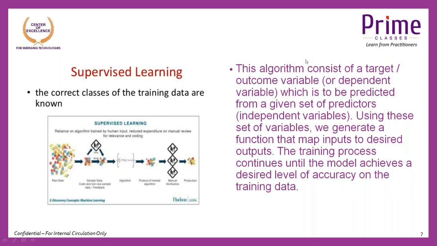We will see later that there are not one but tens of models under each family of algorithm. So before you select the algorithm, we have to select the family of the algorithm. How do you decide the family of algorithms? The first decision is whether it is supervised or unsupervised data.